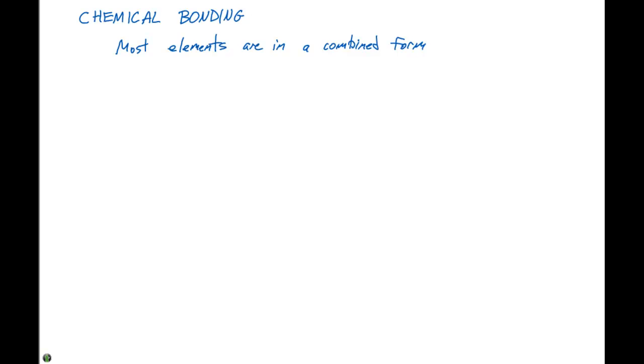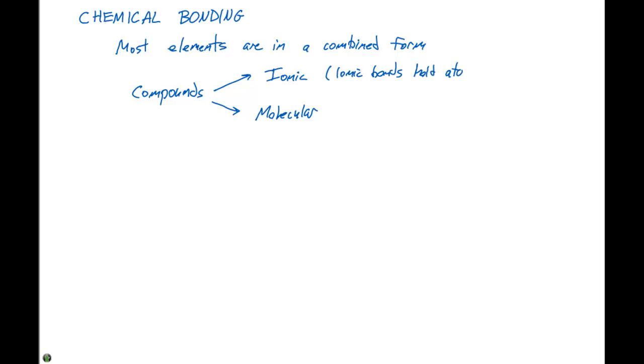So if we look at our compounds or molecules, we can break them down into two main categories. And the bonding that happens in these categories are ionic and molecular. In ionic compounds, ionic bonds hold the atoms together.